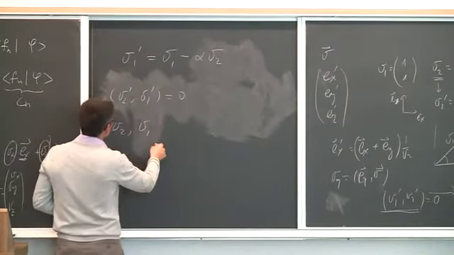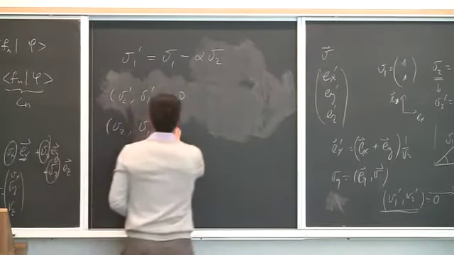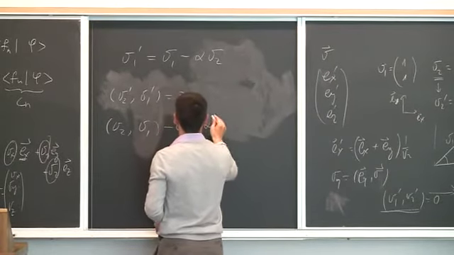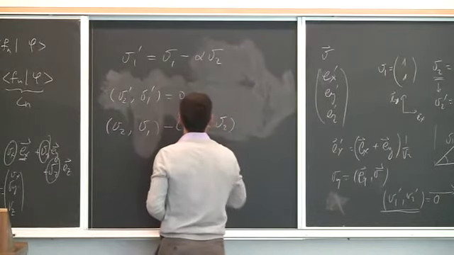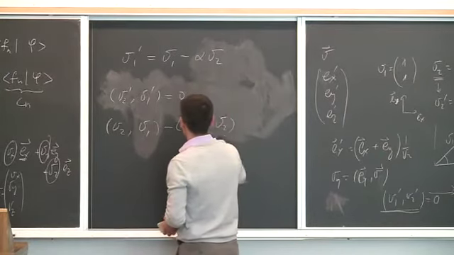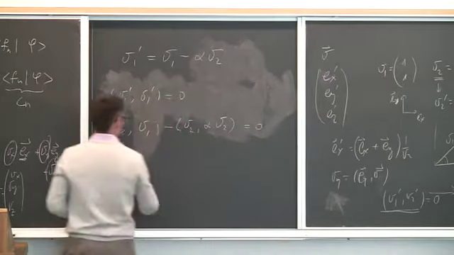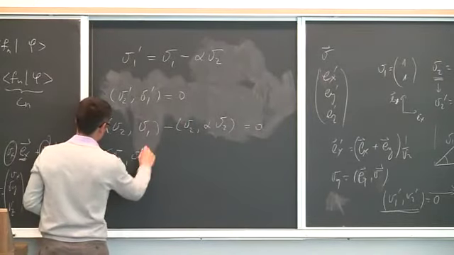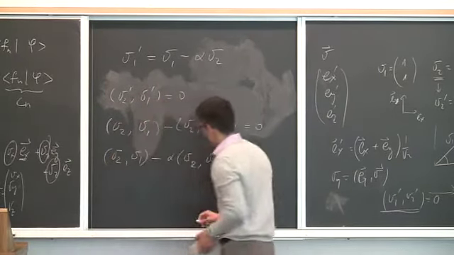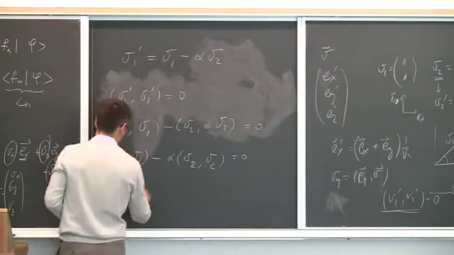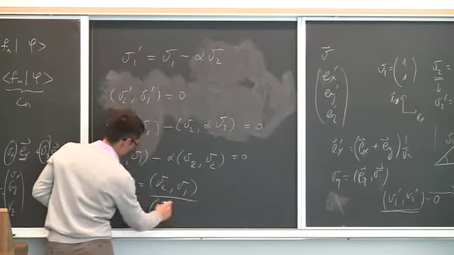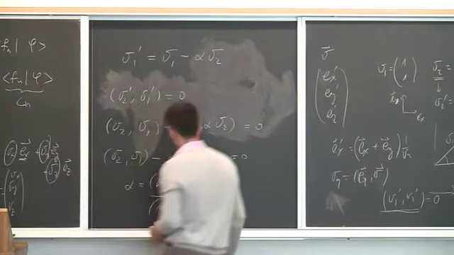V1 prime will be V1 minus alpha V2. For this to be 0, we get V2 V1 minus alpha V2 V2. So alpha equals V2 V1 divided by V2 V2.